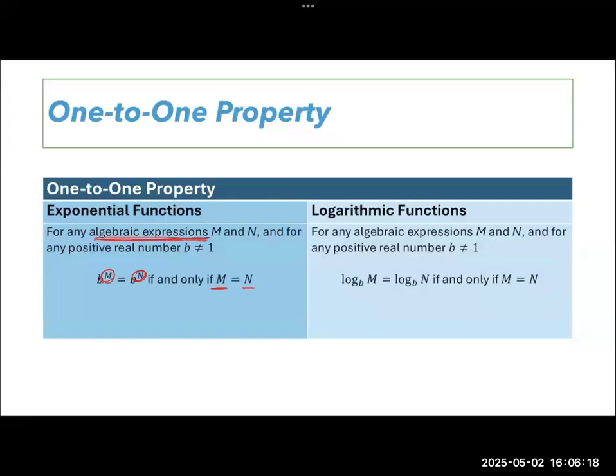So if the b's taken to the powers of m and n are equal, then the m and the n have to be equal.